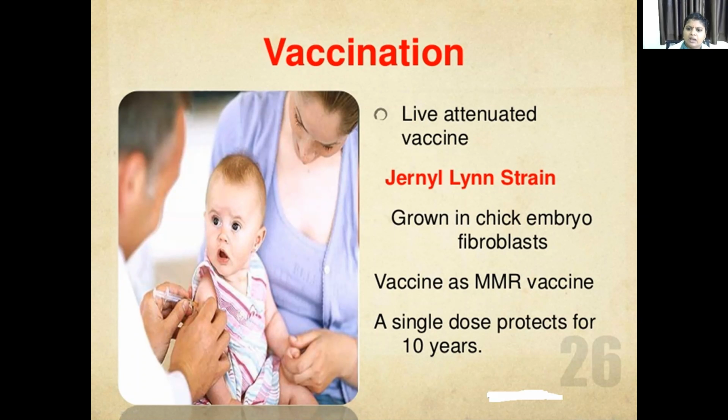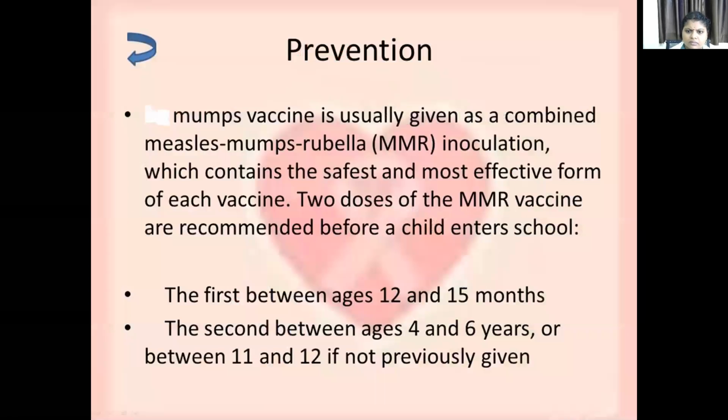It may be given as a single vaccine, or sometimes as a triple vaccine, that is the MMR vaccine, as a subcutaneous dose. Immunity lasts for 10 years. This is about mumps.